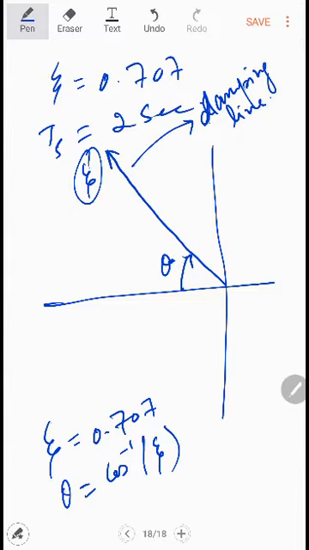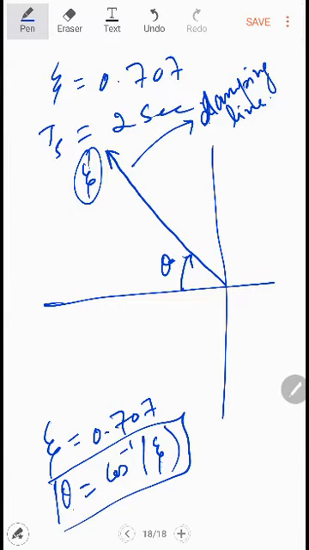If zeta is equal to 0, theta will be equal to 90. If zeta is equal to 1, theta will be equal to 0. So the location can be found from the value of zeta, and since zeta is given, you can find this theta.